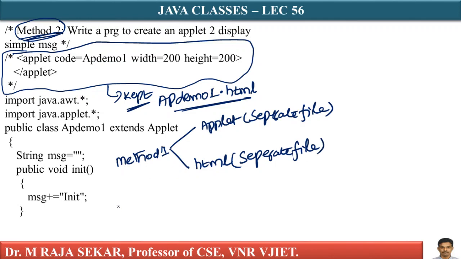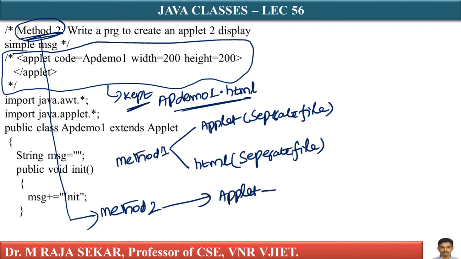But this is method 2. In method 2, there are no separate files. We are keeping applet code and HTML file in a single file. That's what I want to say.